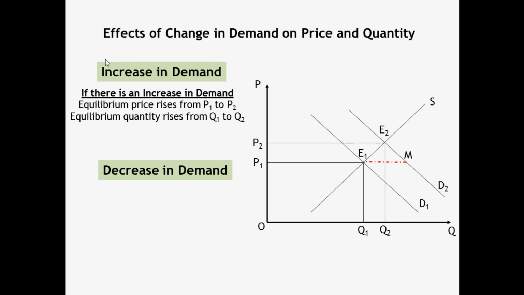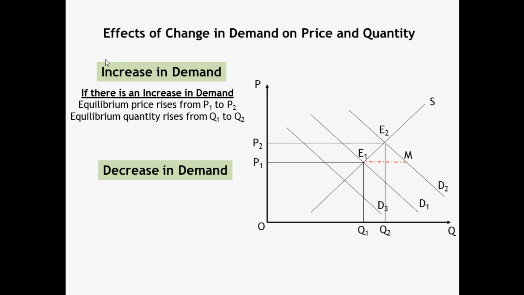In this case, the demand curve shifts to the left. In the figure, the primary equilibrium point is E1, where price is OP1 and quantity is OQ1. If there is a decrease in demand, the demand curve shifts to the left from D1 to D3.